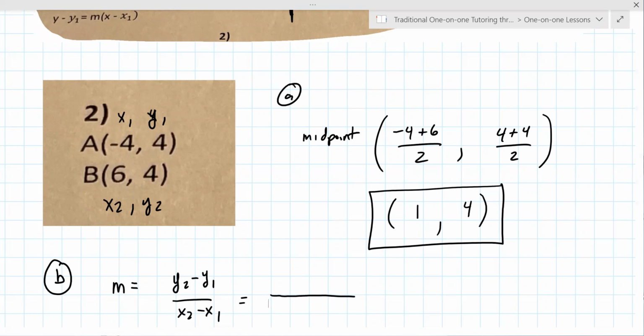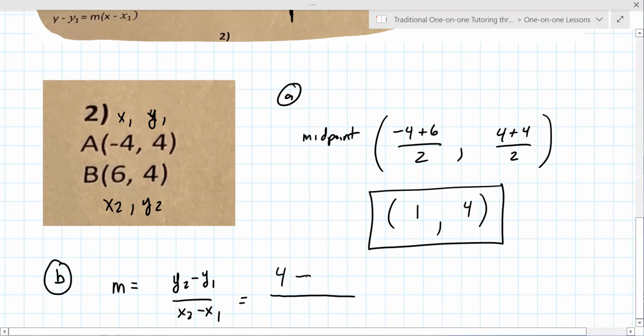Which of these four numbers is y2? It's right here, sir. You can see my screen, right? I've labeled it. That's y2. What is y1? 4 minus 6. Nope, that's not y1. 4 minus 4, 4.